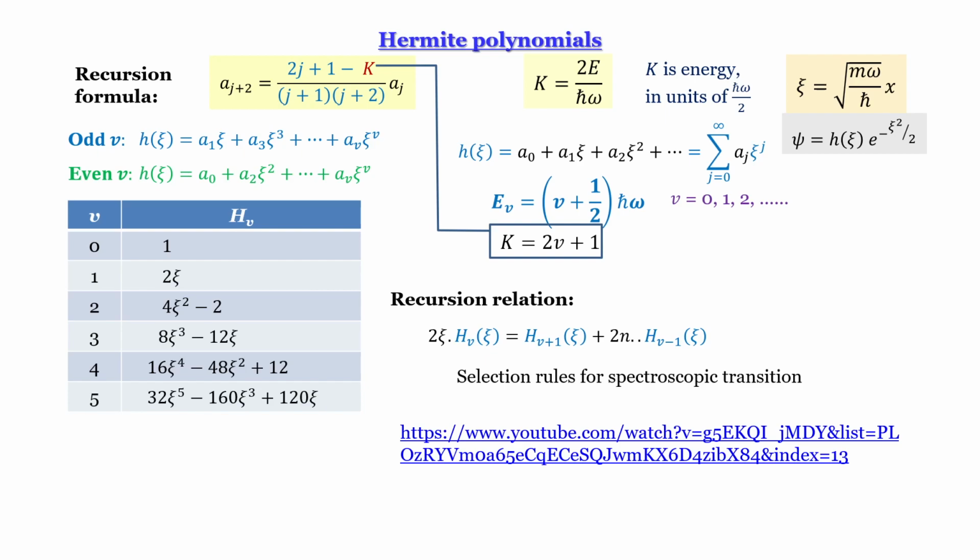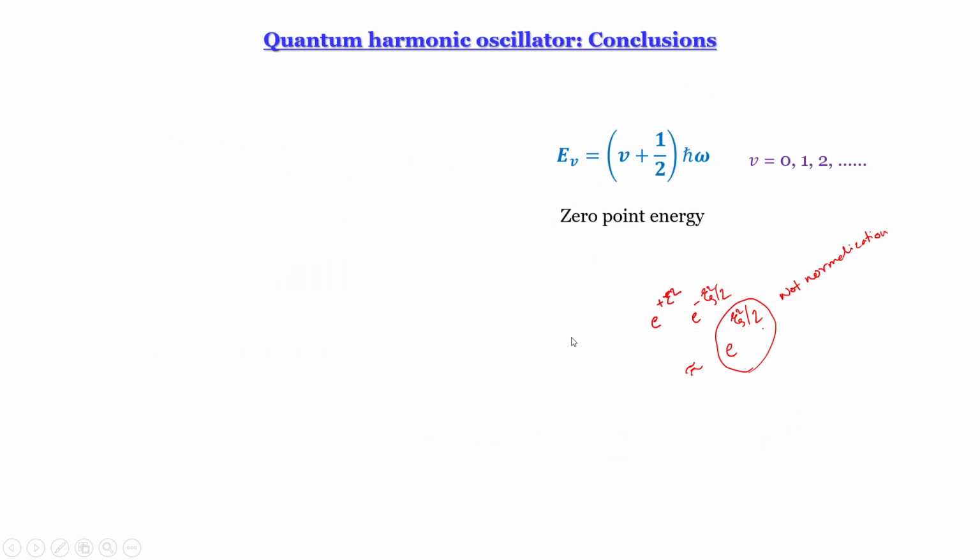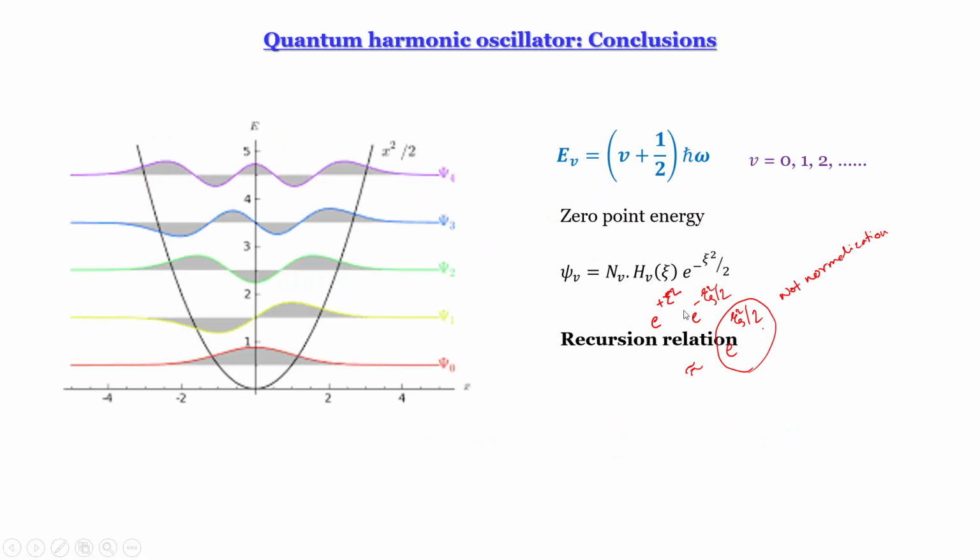That constant N_v is for normalization. Can you show me the constant N_v? Yes, this slide is for the normalization constant.